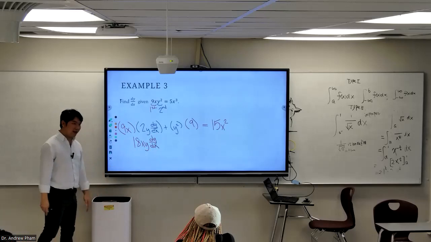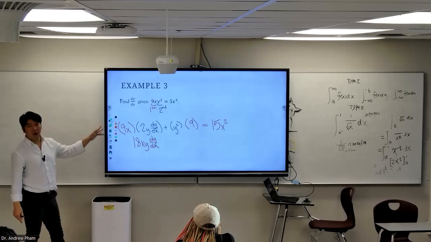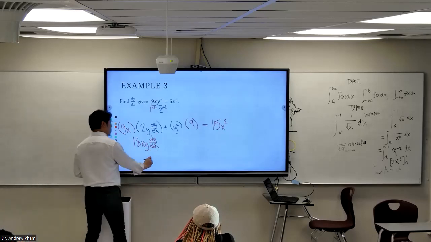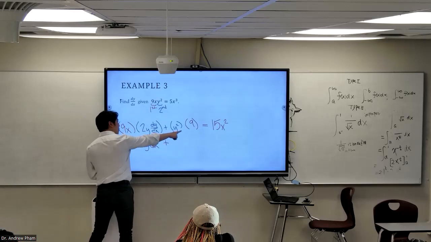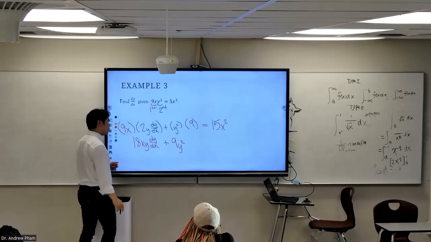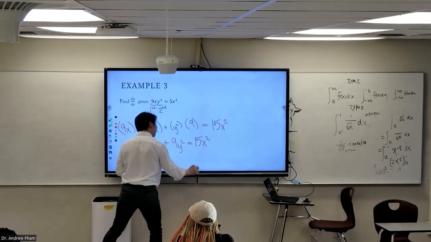Here I'm just multiplying it. If you want to leave it separate, that's completely fine. I'm doing the multiplication because we're not multiplying really big, complicated things. Plus y squared times 9, we just get 9y squared. And we get this so far.